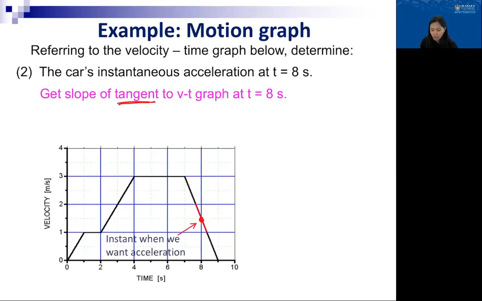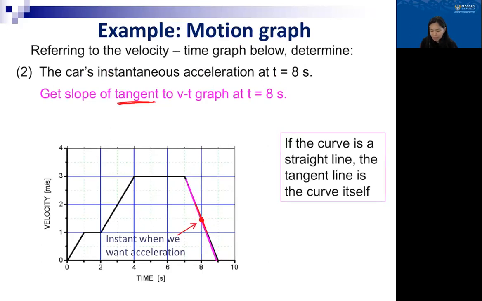So you can just go ahead and get the slope of the straight line graph, because the tangent is the line itself. So you can consider any 2 points along this straight line. I would recommend getting points that are easier to determine.